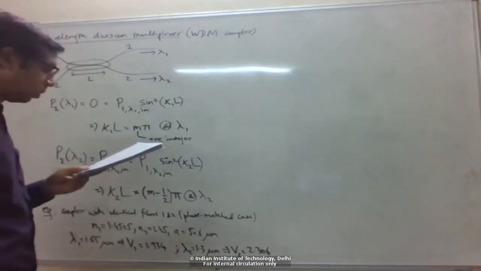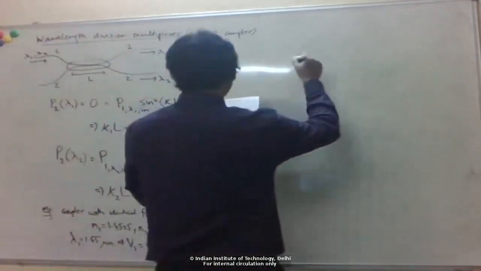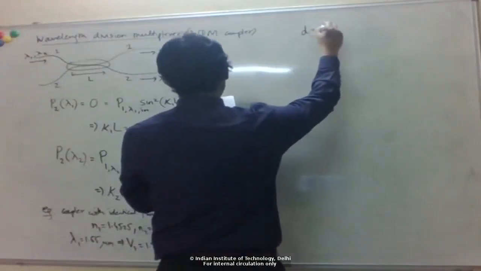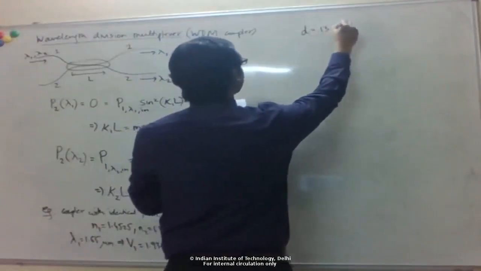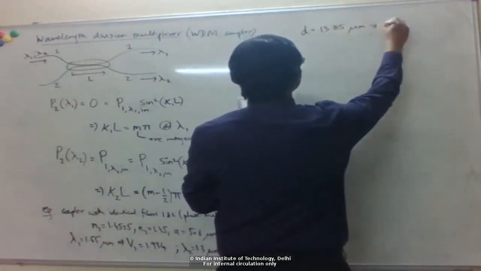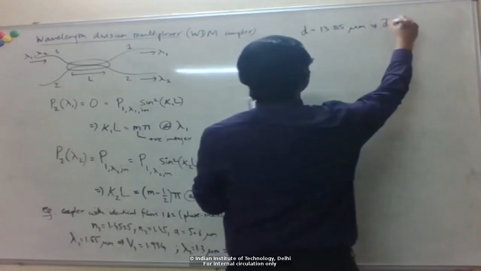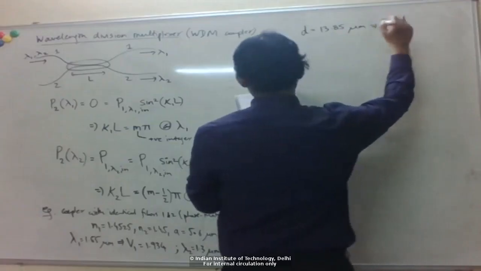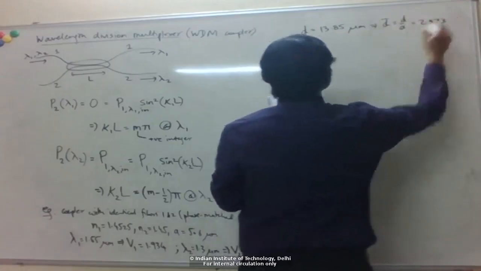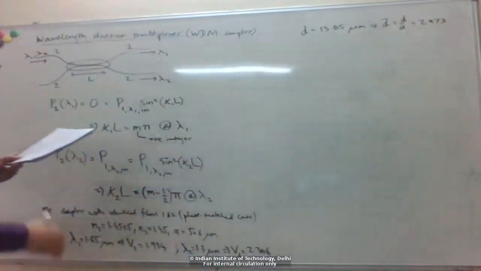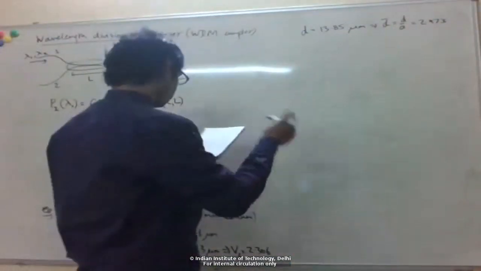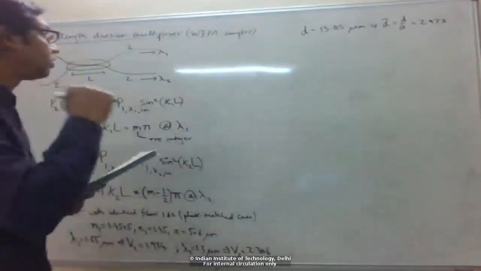So if we use a separation D, which is about 13.8 micron, that means the normalized D bar, which was D over A, is about 2.47. If you use this separation, then the coupling coefficient from that empirical formula that we discussed last time.